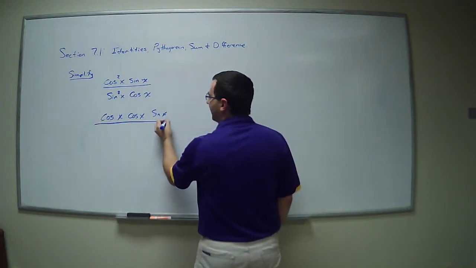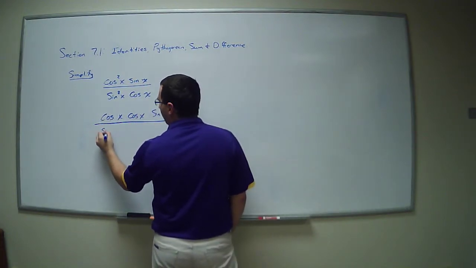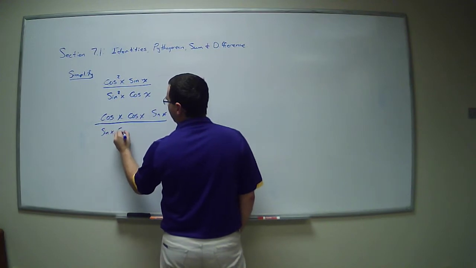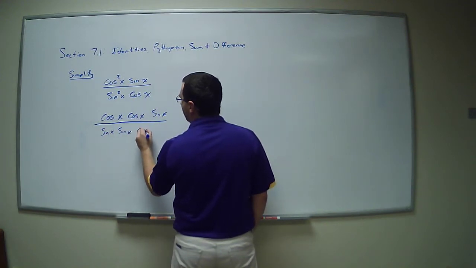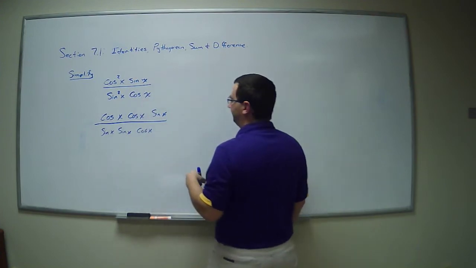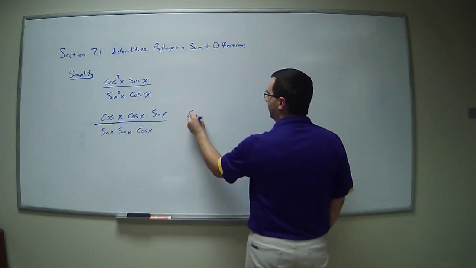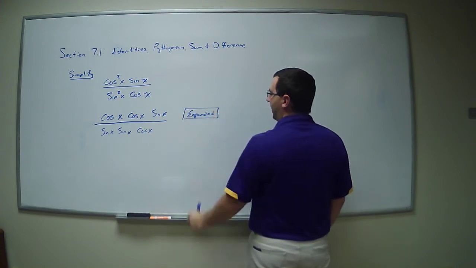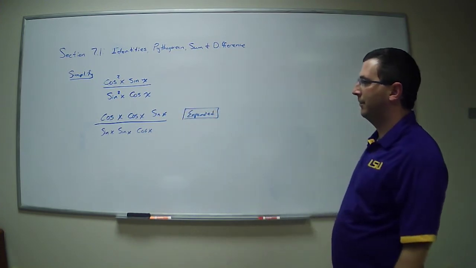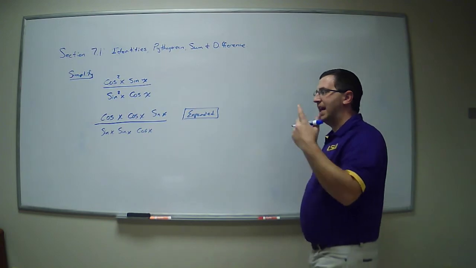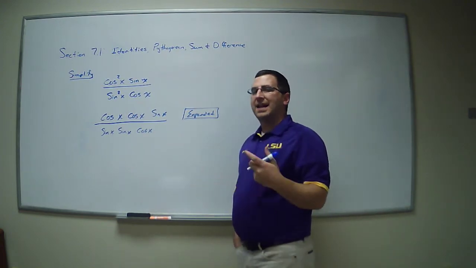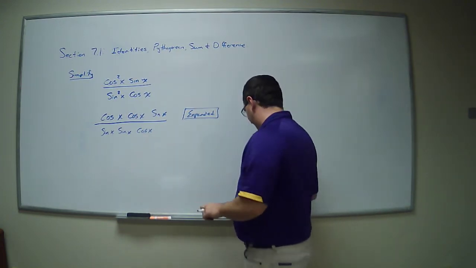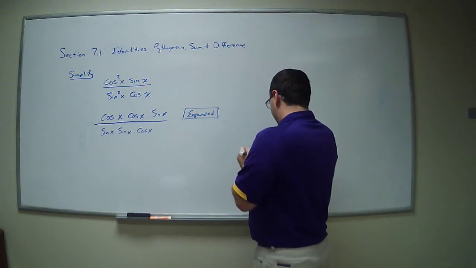And then the same process on the bottom. Sine x times sine x times cosine x with the little tag along. Okay, so we expanded this. Now, going back to the algebra, what can we cancel out? What can we reduce? Well, let's see here.